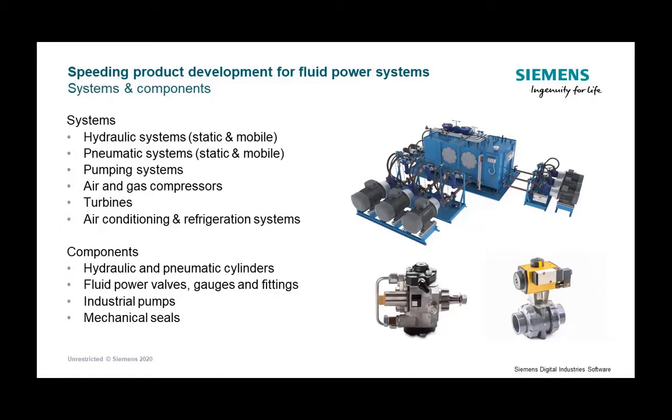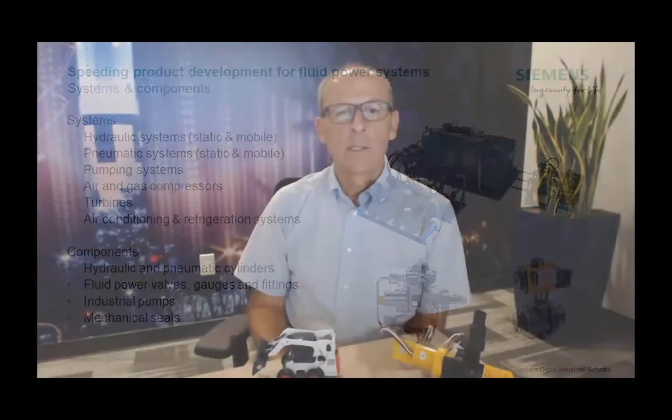This can include some large-scale systems, such as those shown in the top image here. But also, we're including manufacturers of discrete components of fluid power systems, including, for example, cylinders, valves, pumps, and mechanical seals. Some other large-scale products that utilize fluid power systems are agricultural and construction equipment.